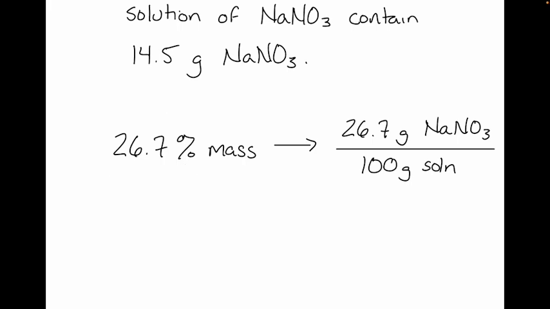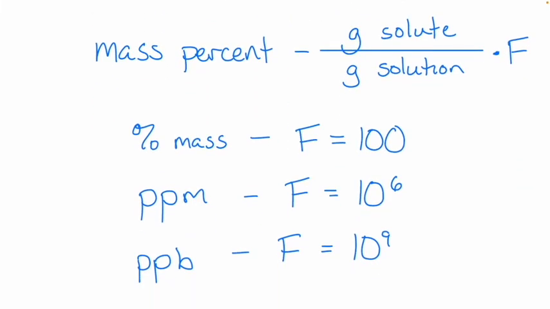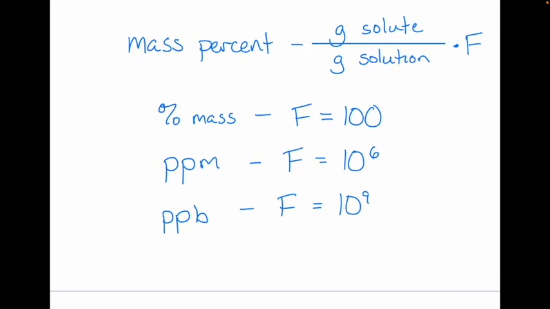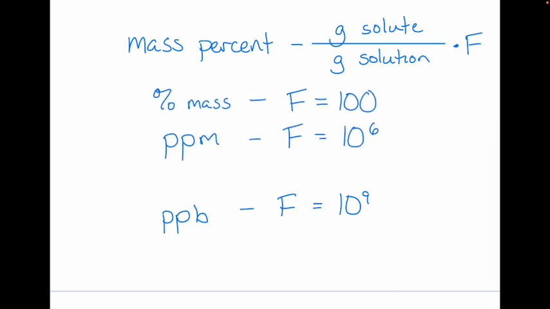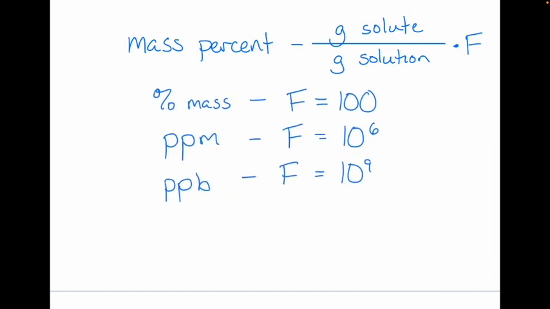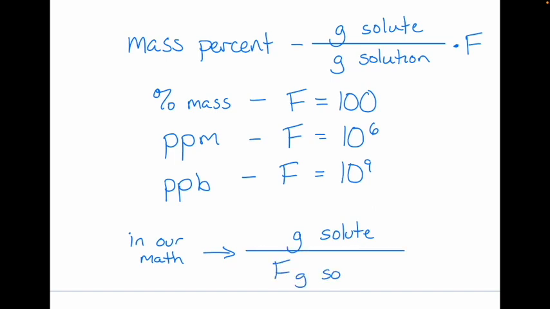And in general, we can sort of just make a note for these mass percents when we use them in our math. So in our math, this is going to become grams of solute over F grams of solution.